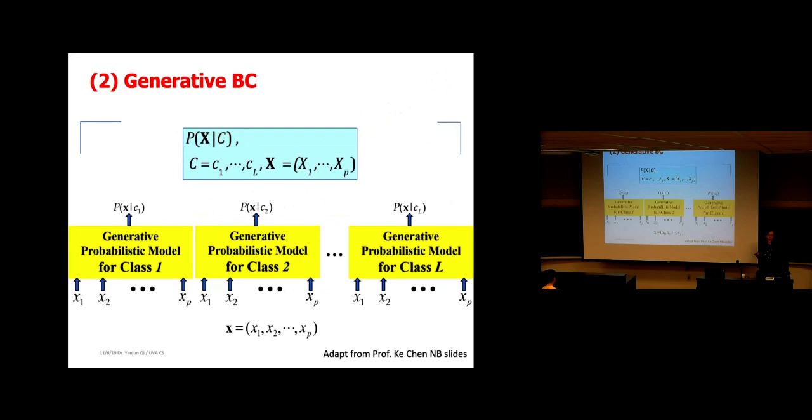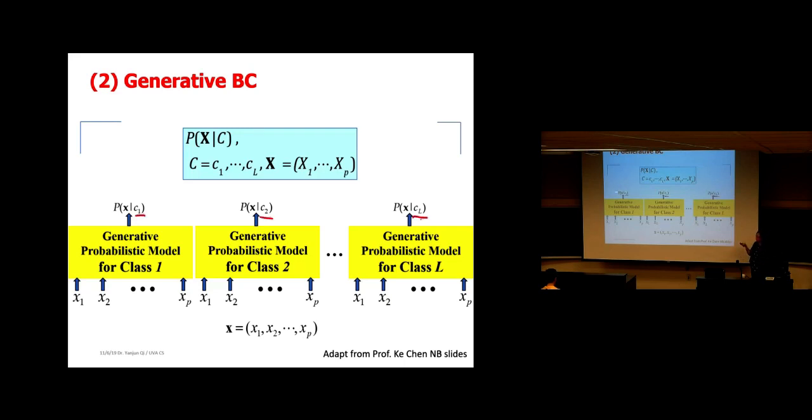Then let's see the other regime. What is the generative Bayes classifier? Instead of directly modeling P(C|X), it models P(X|C). If you have classes C1, C2, until CL, L different classes, you're going to have L different models.